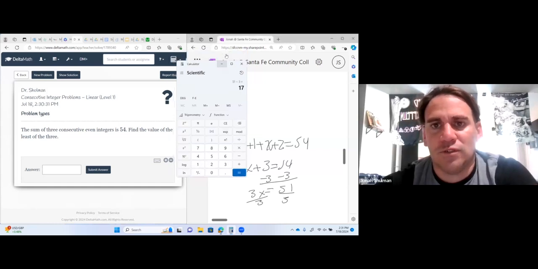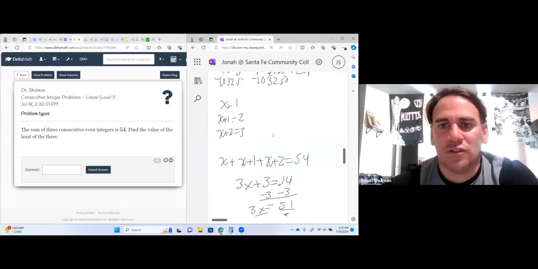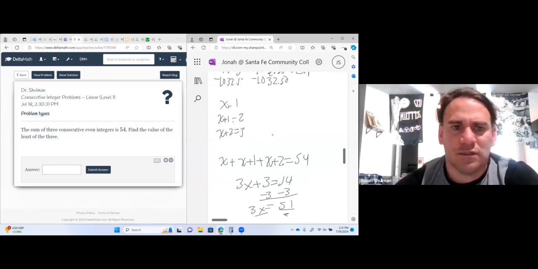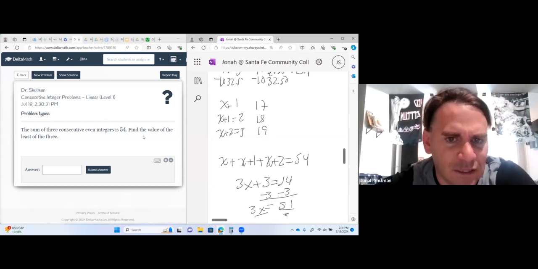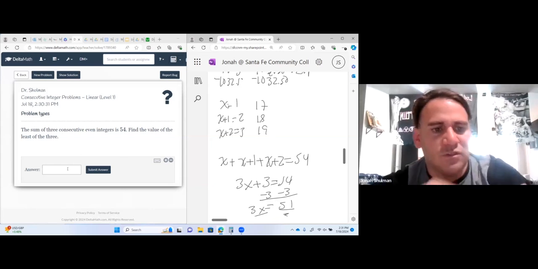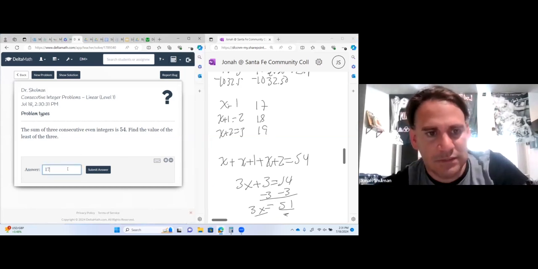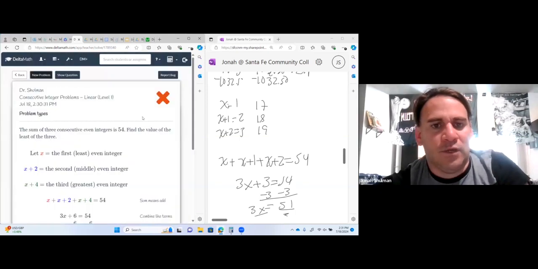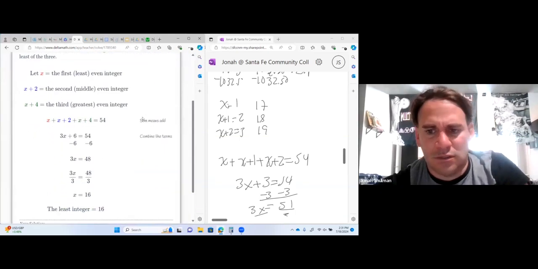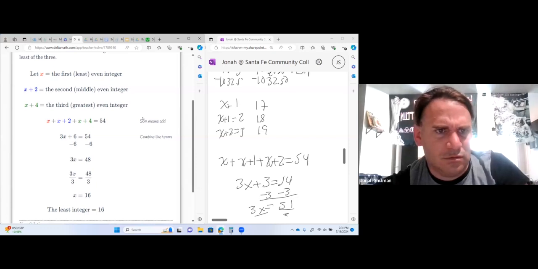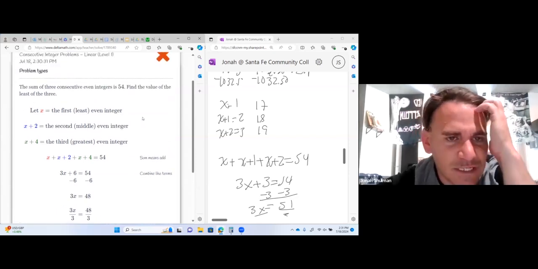So these are our three choices. Our smallest one is 17, our next one is 18, and our next one is 19. They said find the value of the least. So the babiest one is 17. And there we go. What? Oh, it said even.